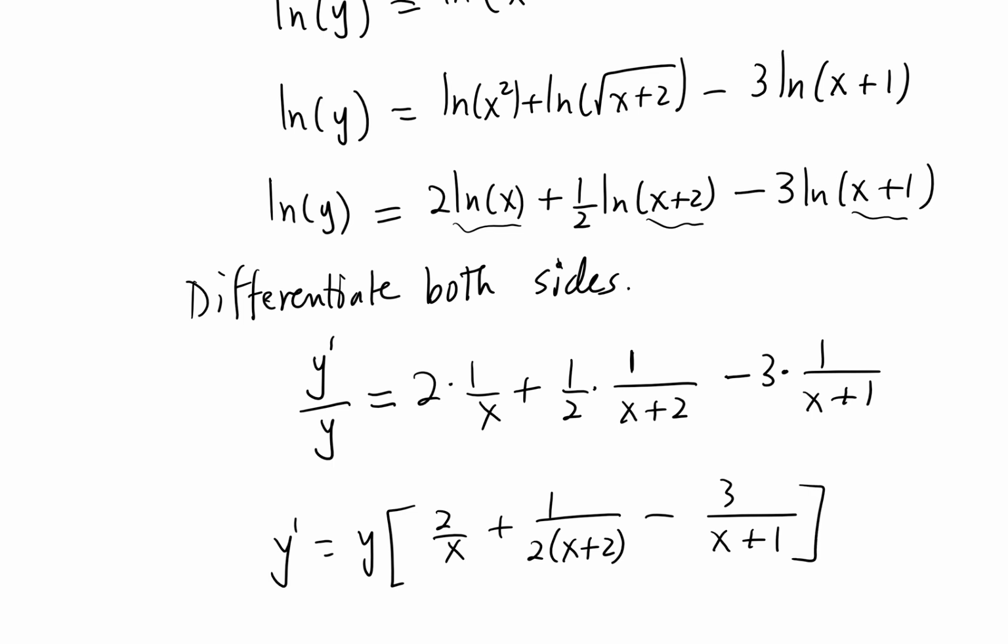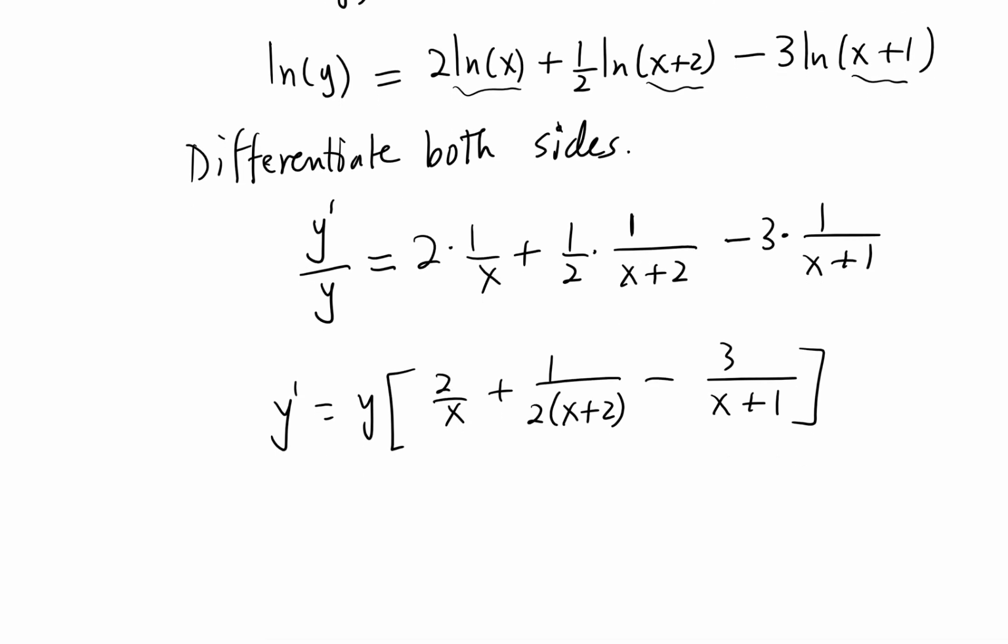Is it done? No, it's not done yet because we need to get the answer in terms of x only. So I'm going to rewrite this as x squared, square root of x plus 2 over x plus 1 cubed.